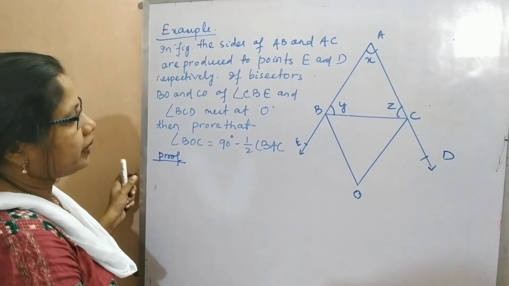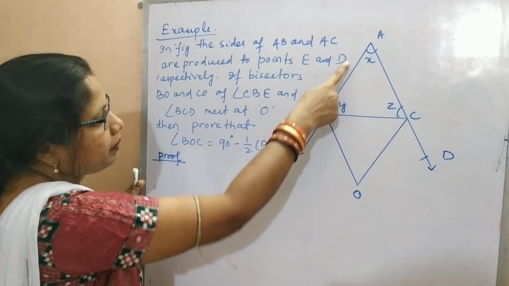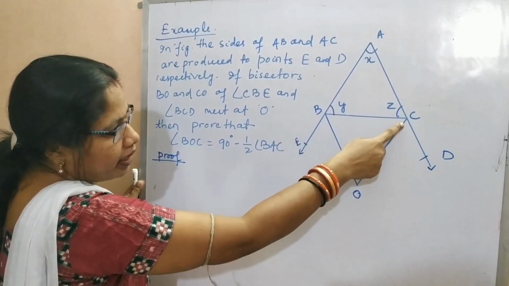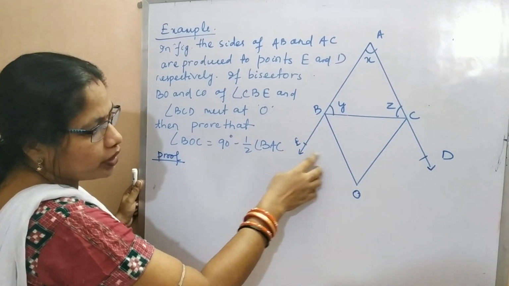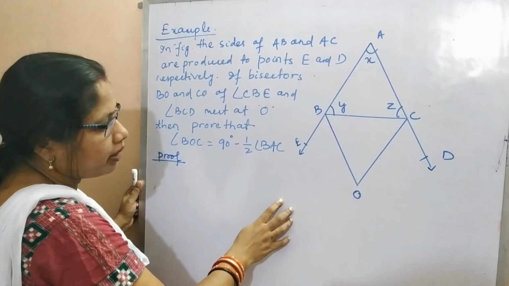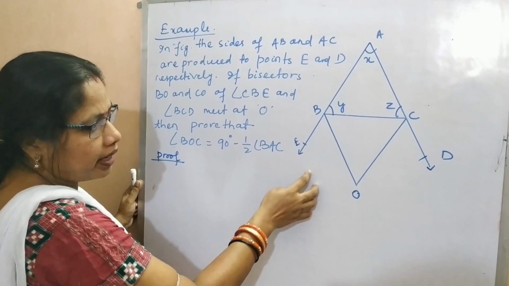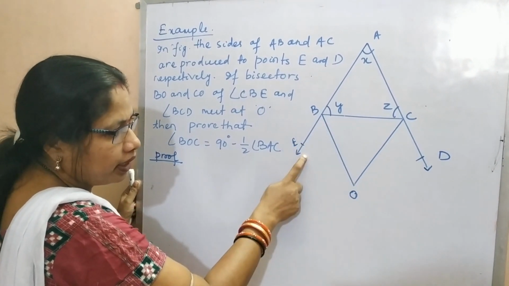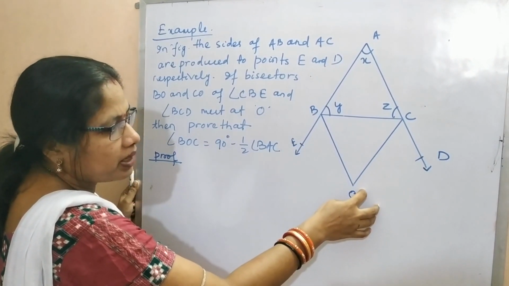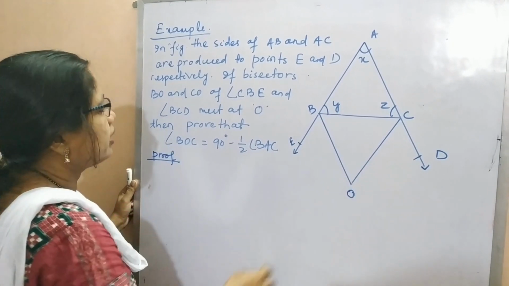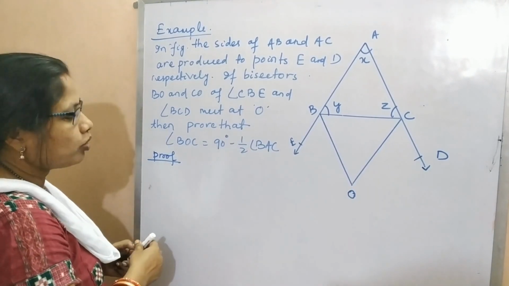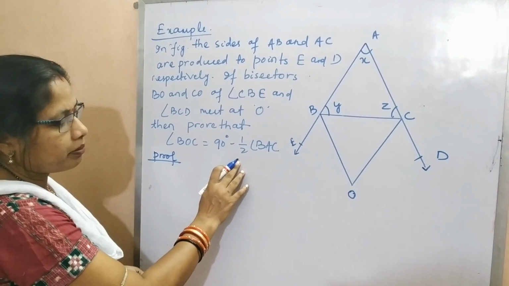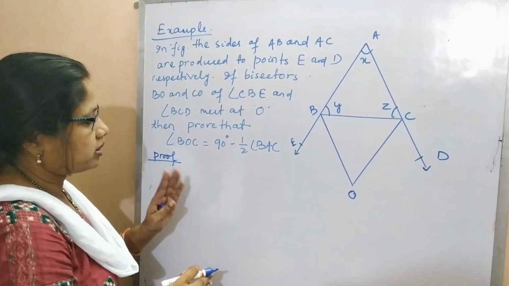In the figure, the sides AB and AC of triangle ABC are produced to E and D respectively, and BO is the angle bisector of CBE and CO is the angle bisector of BCD. Then prove that angle BOC is equal to 90 degrees minus half of angle BAC.